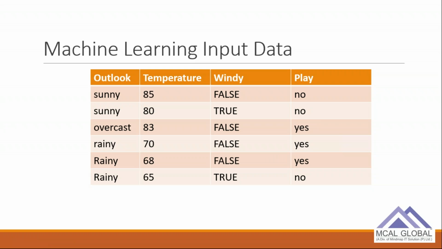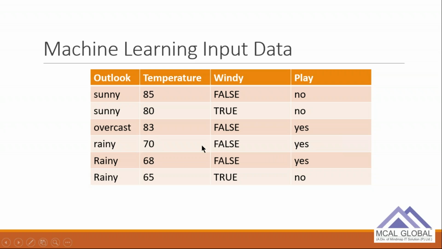Supervised, I'm again telling you, is something where a person has already assigned a value to the previous inputs. So when you are learning from your experiences, all these experiences have occurred in your past, and based on new parameters, for example, if someone tells you it is rainy, the temperature is about 40 degrees Celsius, and windy is true, whether you will go to play or not. You have seen rainy, but you have not seen a 40 degrees temperature.